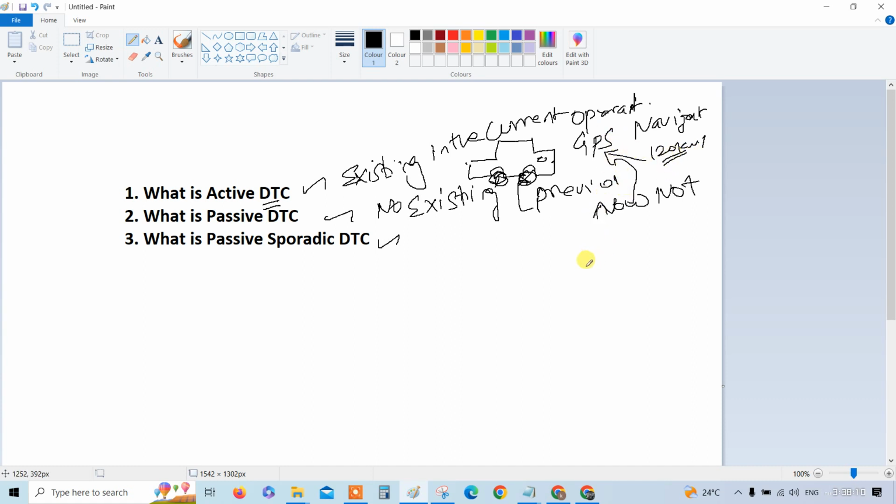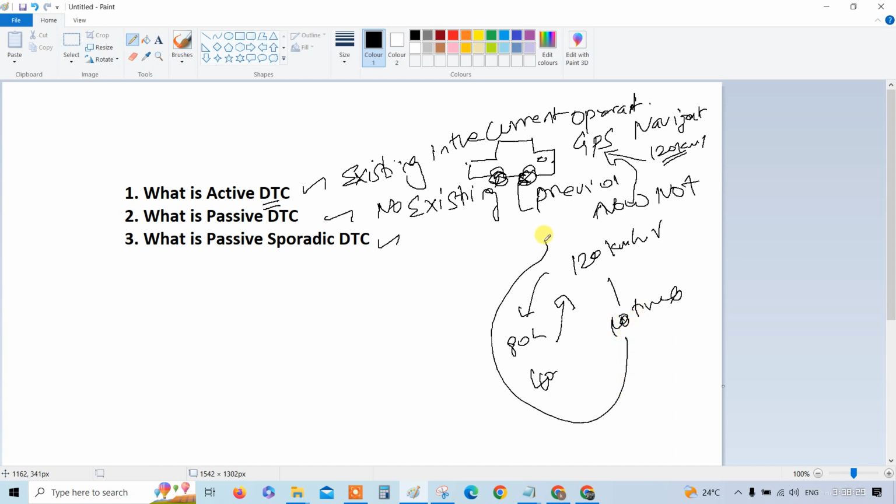Say the driver accelerates to 120 kilometers per hour, then goes back to 80, back to 40, then again raises to 120. If he does this 10 times, only two or three times he loses the GPS connection, although the internet or network connection is proper.